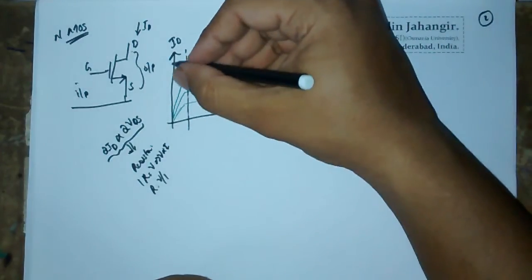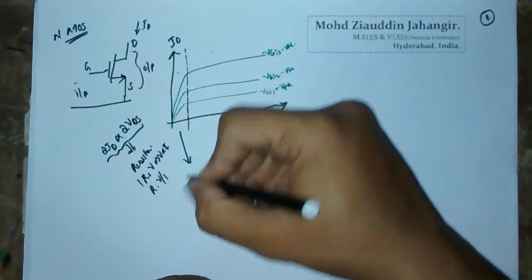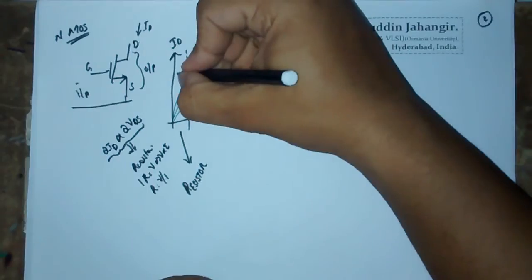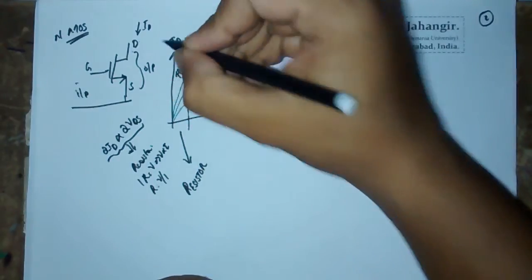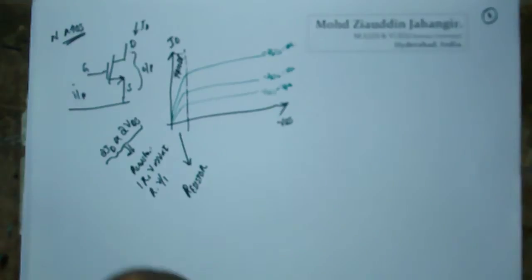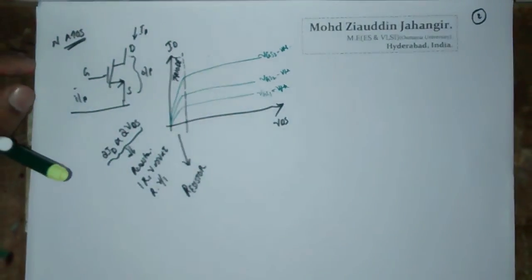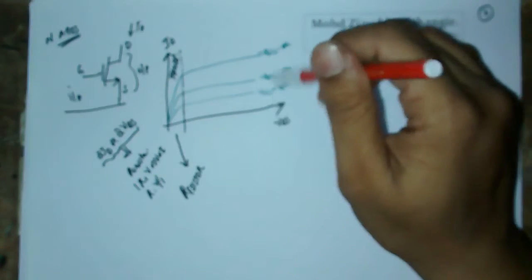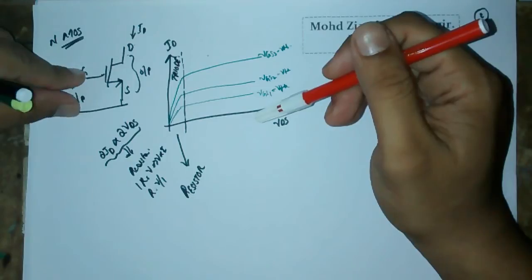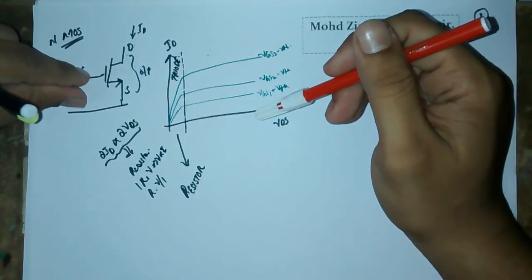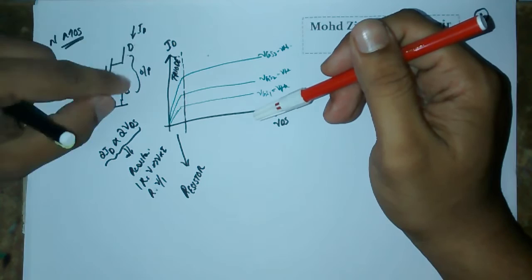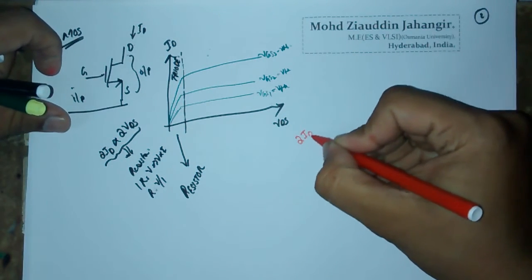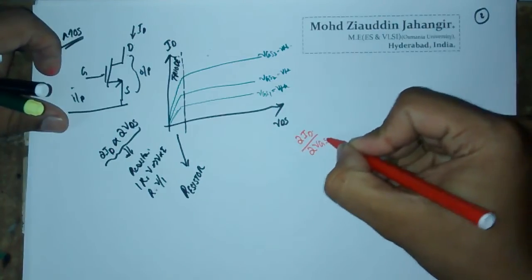Therefore the MOSFET acts like a resistor in this region, and this region is named the triode region. Whereas in this region, you can see that ID remains constant with VDS, but it changes with your input voltage. That means you can apply a controlling voltage here which controls the flow of the current, so you produce a change in ID by a change in VGS.